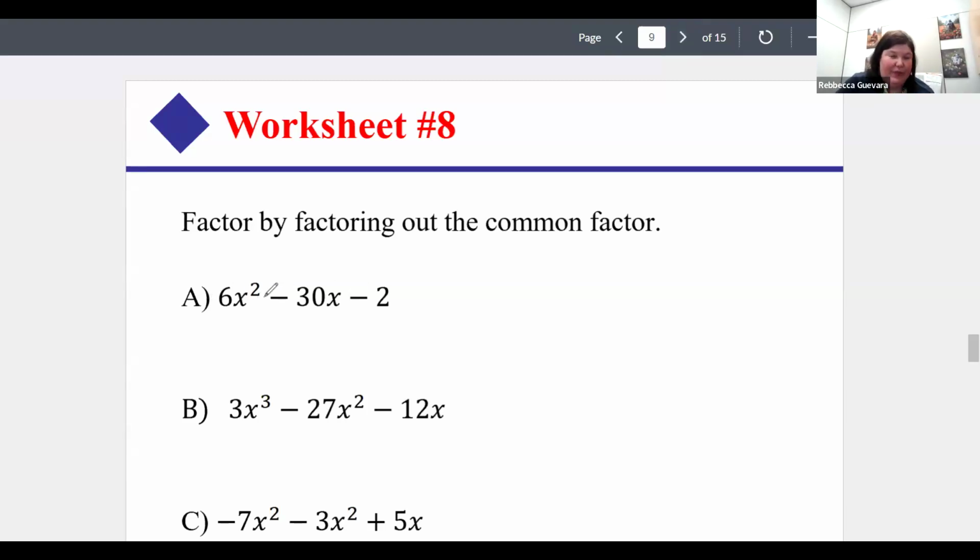For A here, we see that not every term has an x, so when I factor, we're not going to factor out an x at all. In most of the cases we had a shared variable, but we don't always have that.